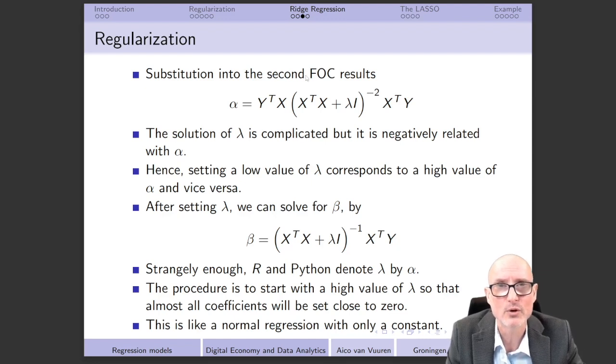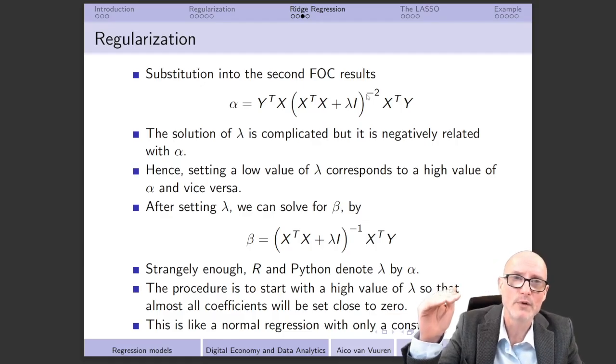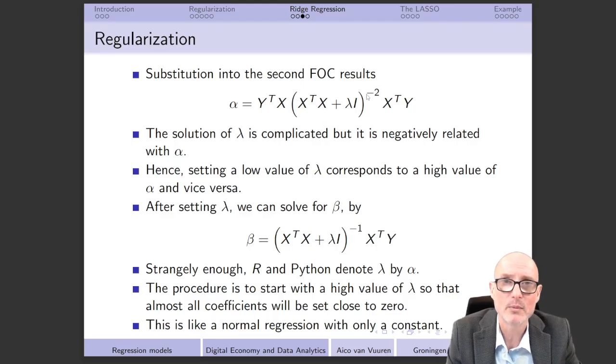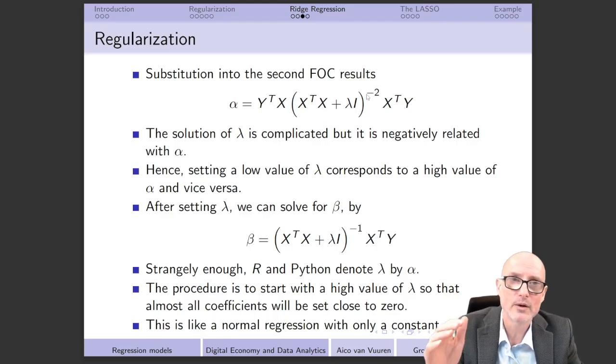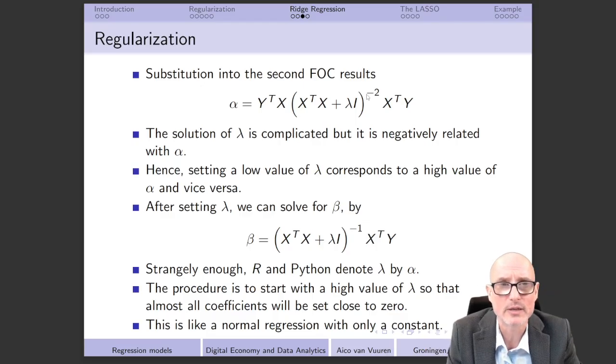That means that this term at the right hand side becomes smaller. So one thing that we know for sure is that at the moment that we increase alpha, then lambda needs to be decreased, and the other way around: at the moment that alpha is very, very small, then lambda has to be increased, which means that there is a negative relationship between alpha and lambda.